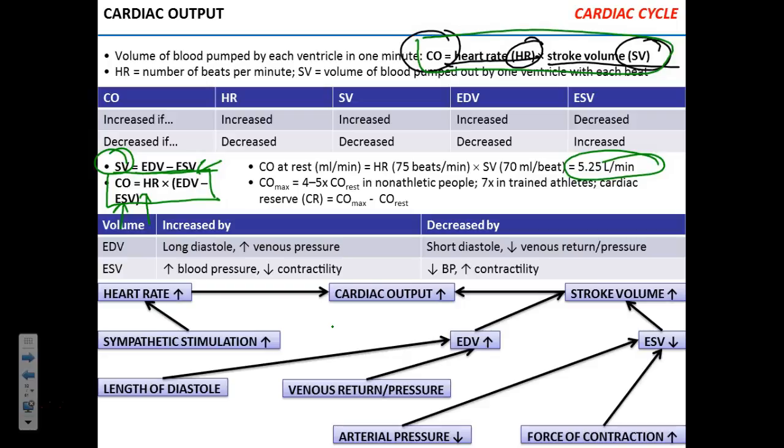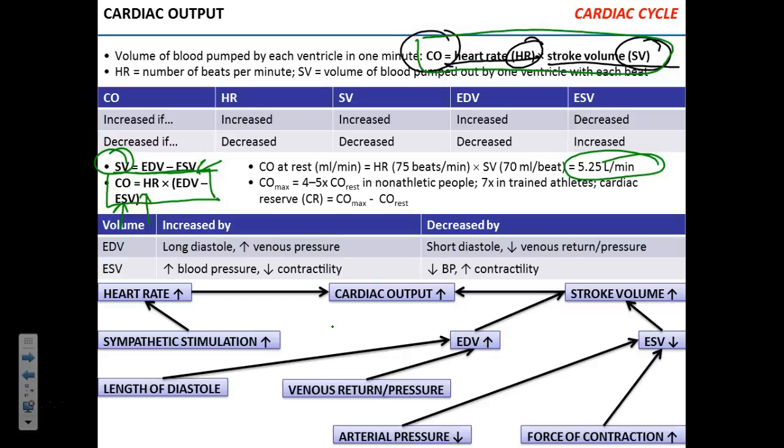If you're at rest, that's important, if you're just lying down. 72,000 liters, if you want gallons, very roughly 18,000 gallons of blood every day. The heart pumps 18,000 gallons of blood every day. Each side: one side pumps 18,000 and the other side pumps 18,000. It's pretty impressive, isn't it?